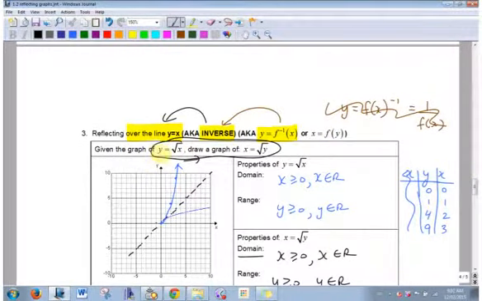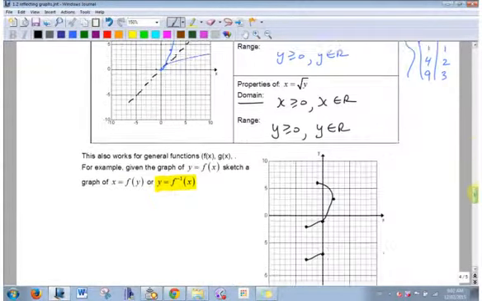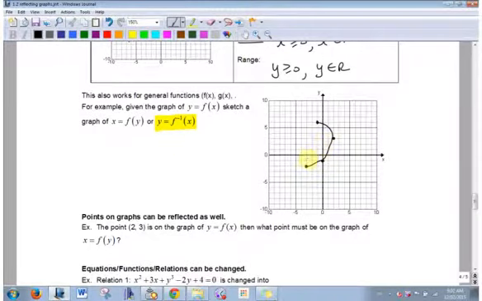If I just swap the x and the y, that happens. So that's how I'm going to graph this thing. Okay? Visually, if you think you can reflect that thing over this line, be my guest. But here is your foolproof, sure way of doing that.